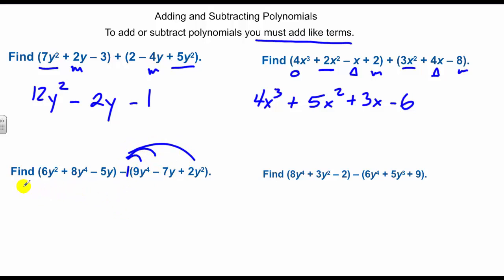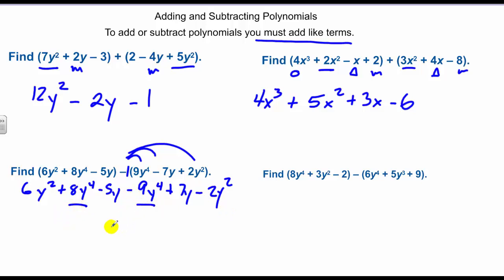So I'm going to rewrite this as 6y squared plus 8y to the fourth minus 5y minus 9y to the fourth plus 7y minus 2y squared. And then I'll add everything up. Now, I have a y to the fourth and a y to the fourth.